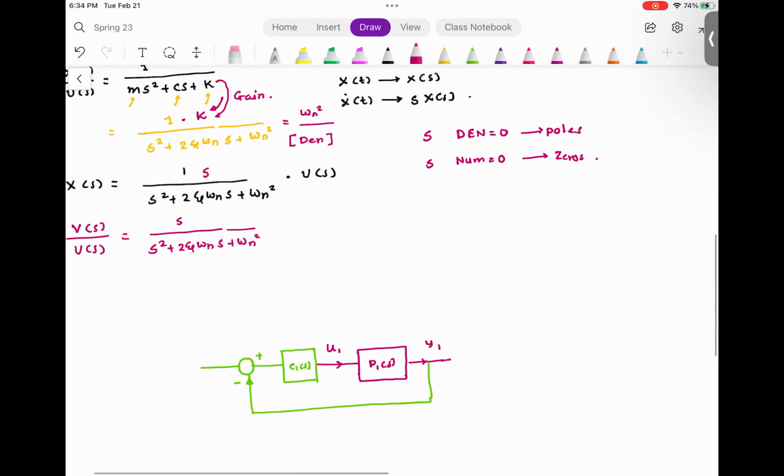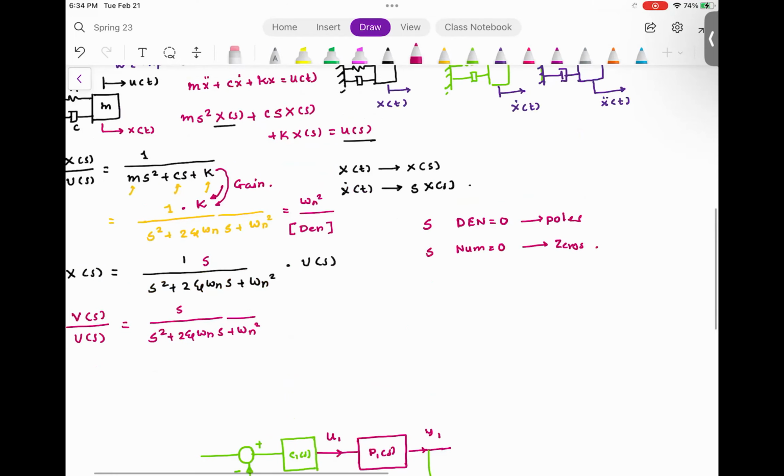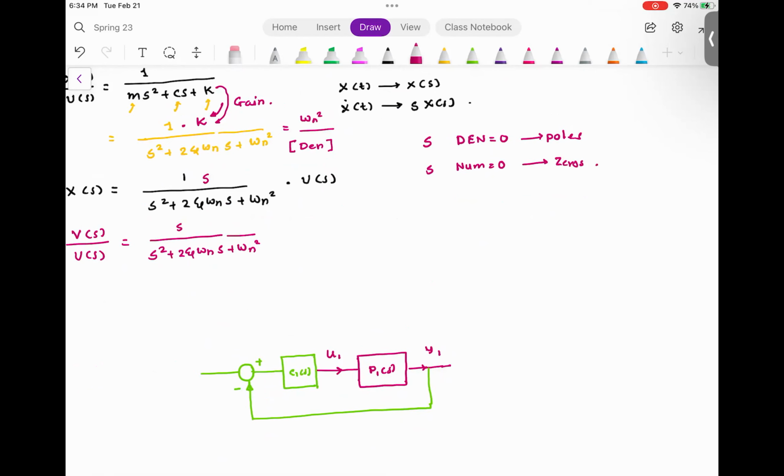Now the next transfer function that I have is P2 of s. And the control effort that I need to control P2 will be here, C2.